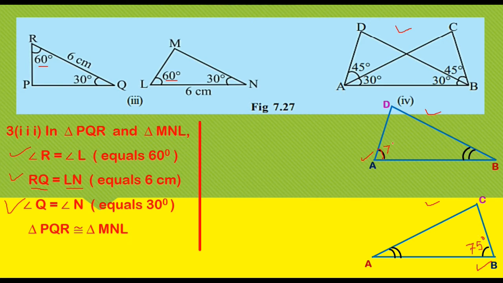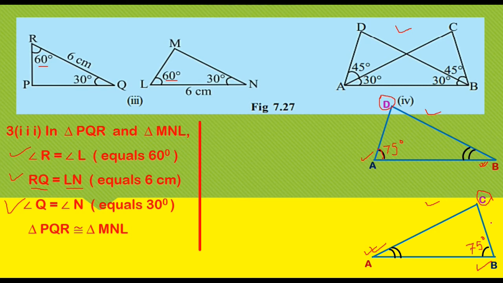This is also 75. Next we have vertex B corresponding to vertex A. Again vertex D is corresponding to vertex C. I have used different colors to make it easy.